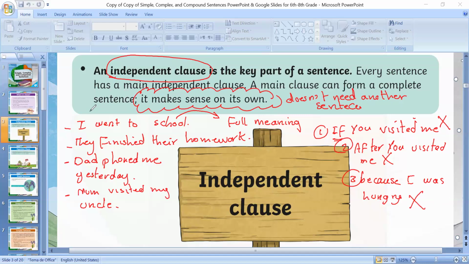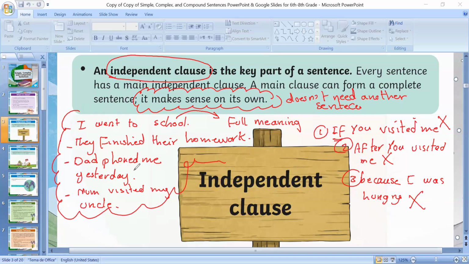So we can decide here, Ammar, that this group of sentences are independent clauses. Am I right? Ammar, you don't hear me?